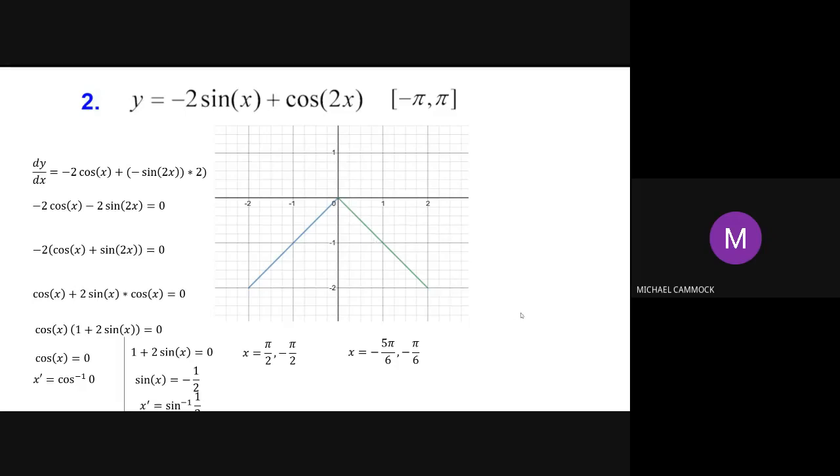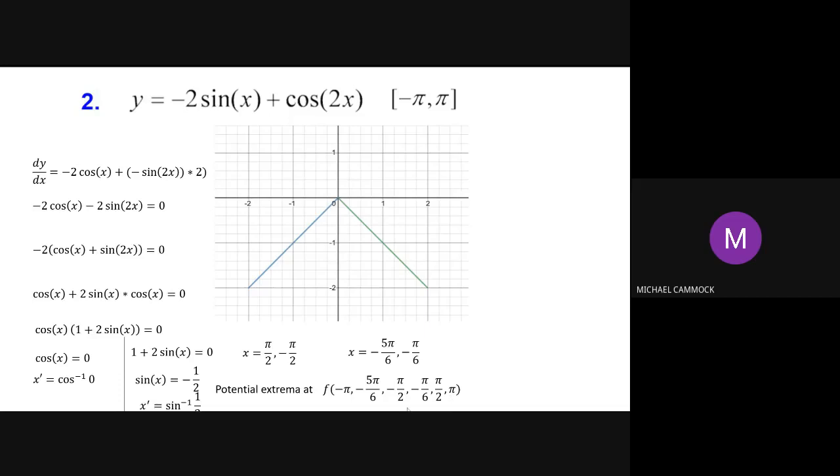Okay, so we have 4 potential places for answers, but we also have 2 more on the boundaries. So unfortunately, we have all of these numbers that we have to evaluate: from minus pi, which is the left boundary, the minus 5 pi over 6. I put them in order. The minus pi over 2, the minus pi over 6, the pi over 2, and the pi.